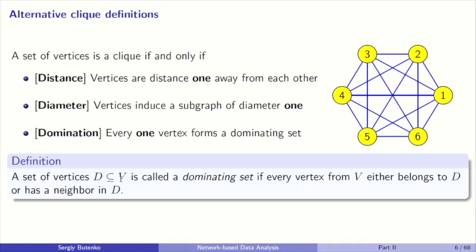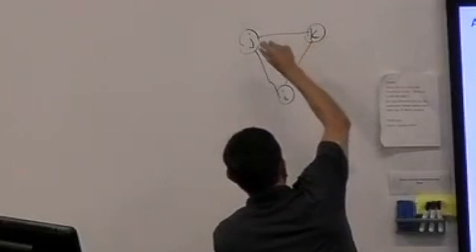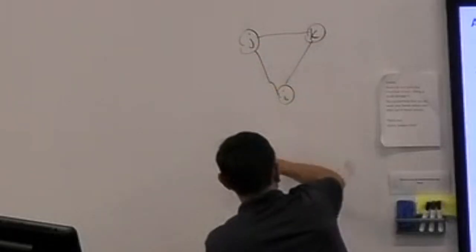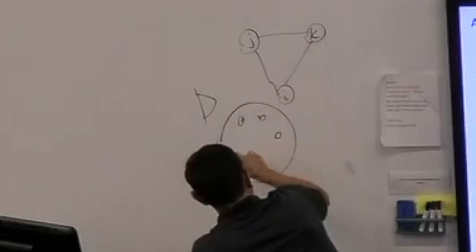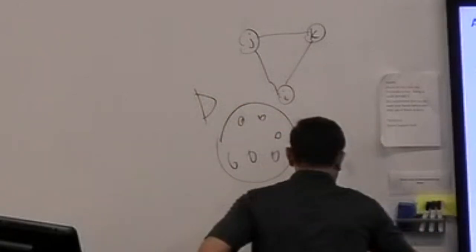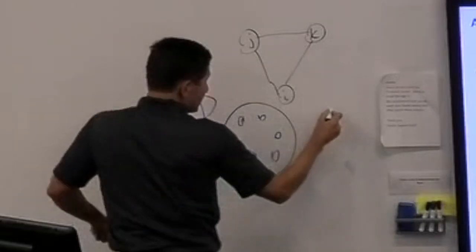Here, let's take a concept like domination. A set of vertices is called a dominating set if every vertex from your big set of vertices either belongs to the subset D or has a neighbor in D. Imagine you have some subset of vertices D here, so there are a bunch of vertices, and then there are many more vertices outside.